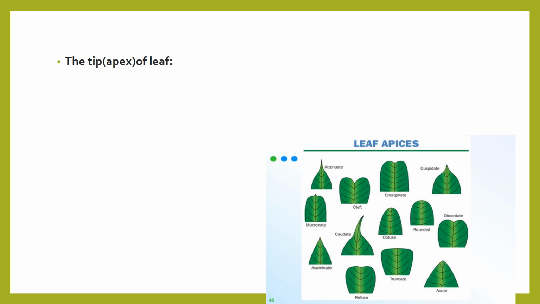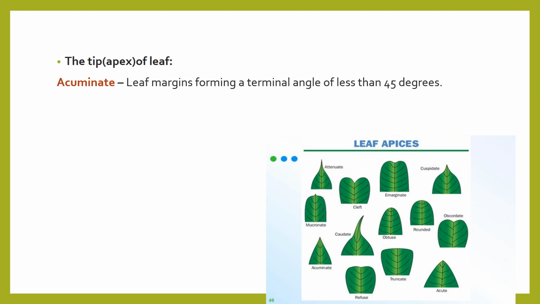Now we're going to talk about the shapes of leaves according to their tip or their apex. As you see in the picture, there are different shapes of the apex of leaves. Through these shapes, we can classify the leaves according to their apex into acuminate apex.